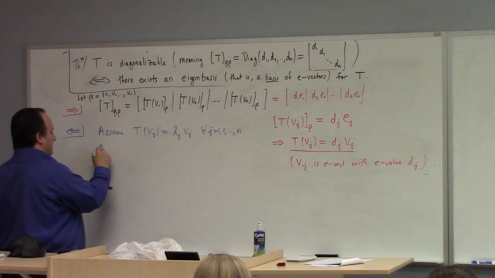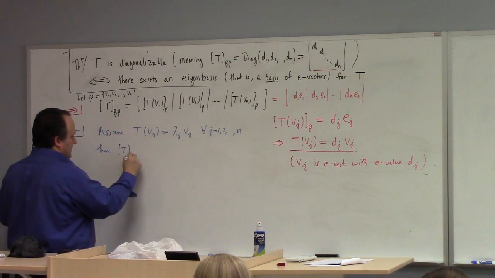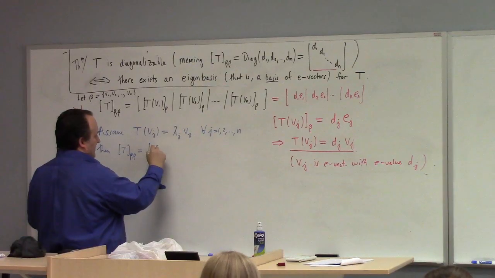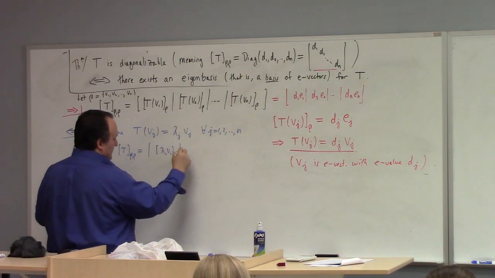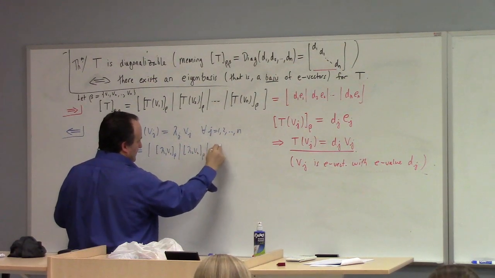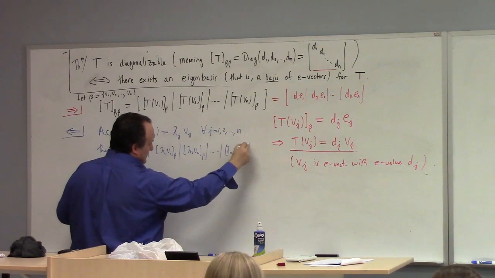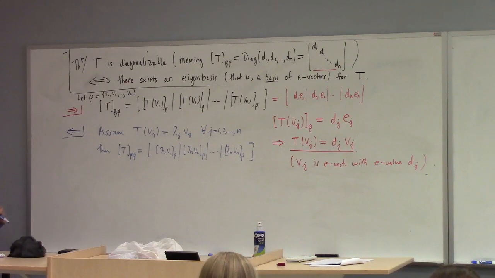Then the matrix of T with respect to the beta basis is literally like, okay, my T of V1 is lambda 1 V1. Calculate the coordinate vector of that. And then I've got lambda 2 V2, calculate the coordinate vector of that. Lambda n Vn, calculate the coordinate vector of that with respect to this basis. Again, I'm assuming I have an eigenbasis.